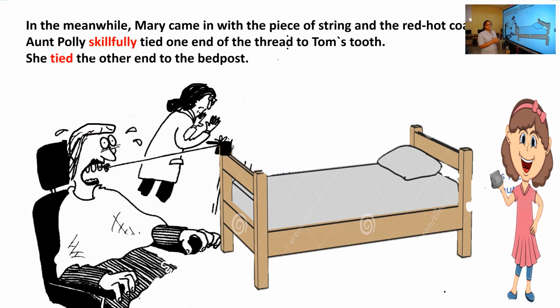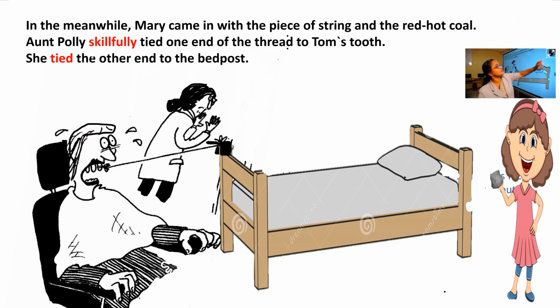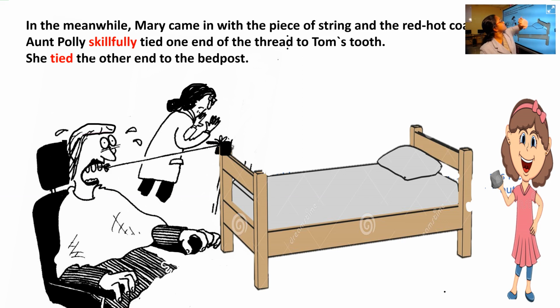Okay. So now, by this time, when this conversation is taking place, when this dialogue is taking place, Mary is here. Okay. In the meanwhile, Mary came in with a piece of string and the red hot coal. Okay. Now, Mary is here with the piece of string and the red hot coal. What did Aunt do?